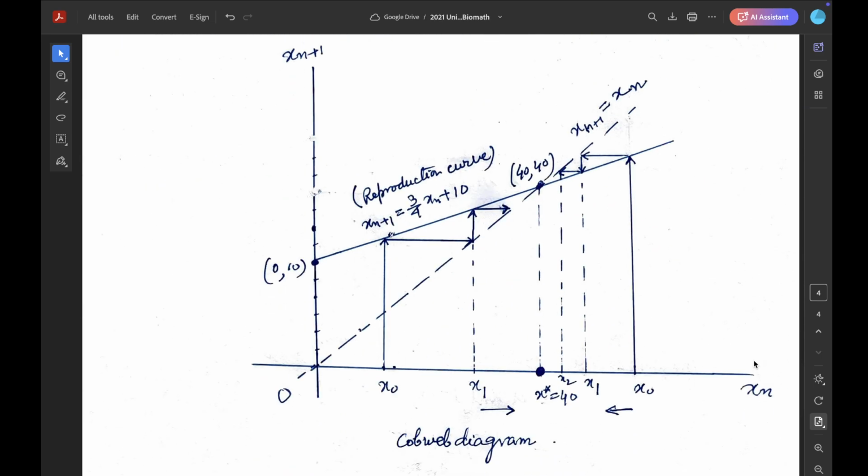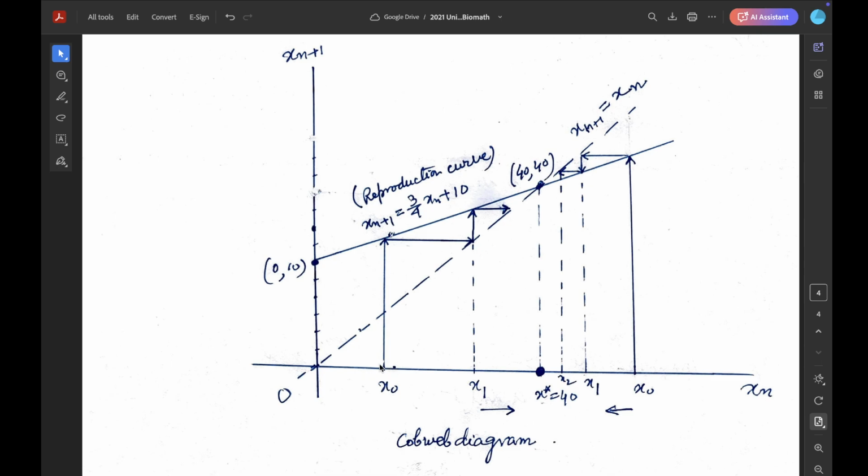This is the x-axis, that is x_n, this is the y-axis, x_{n+1}, and the intersecting point with the diagonal gives the corresponding x coordinate, the only steady state.